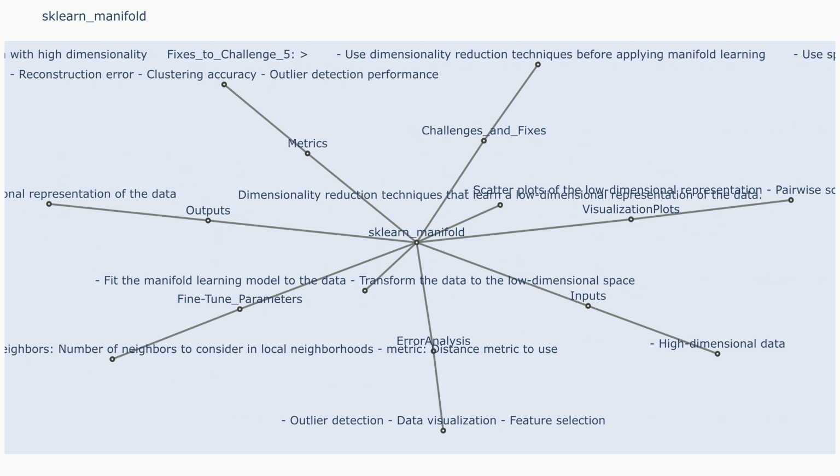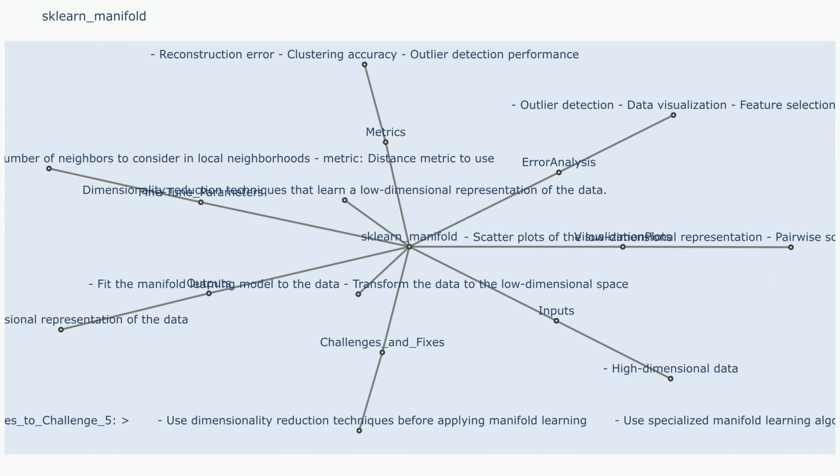This process aims to minimize the distortion introduced by reducing the dimensionality. Step 3: Embedding. Once the optimization process converges, the data points are embedded in the lower dimensional space, providing a representation of the original data that preserves the desired properties.